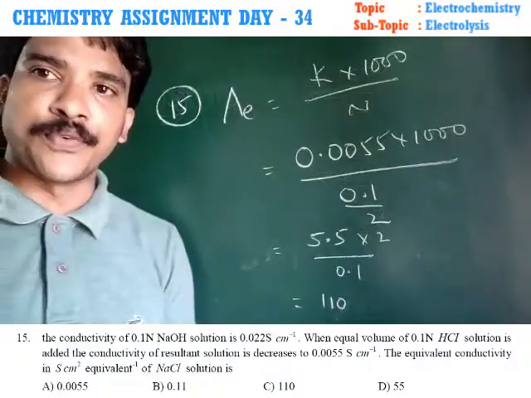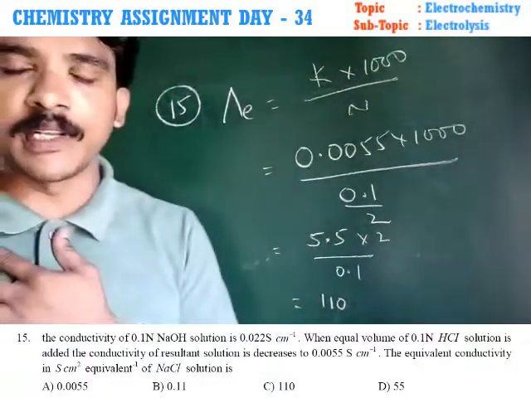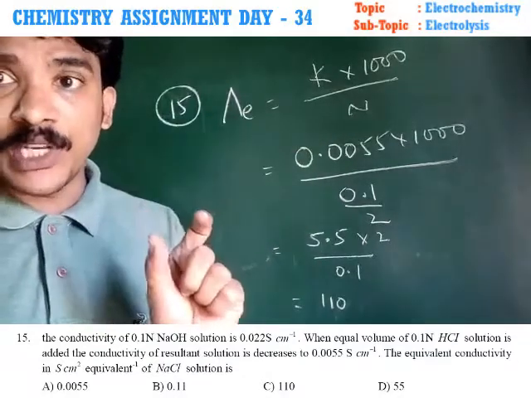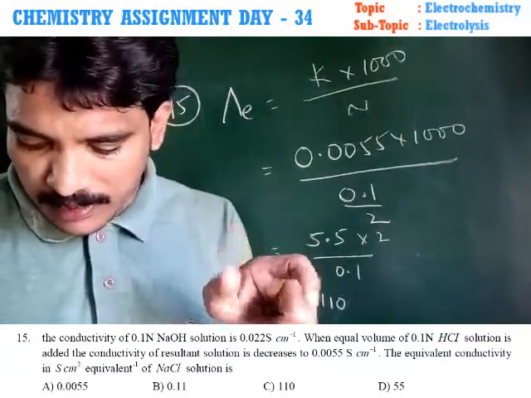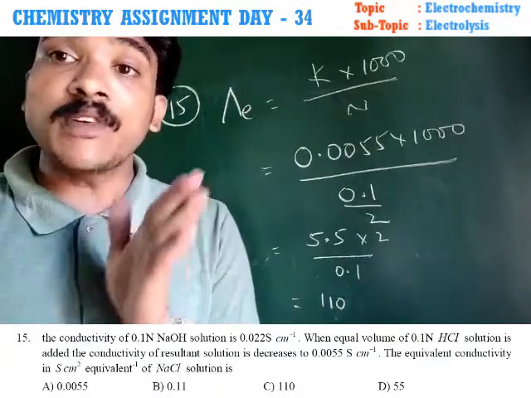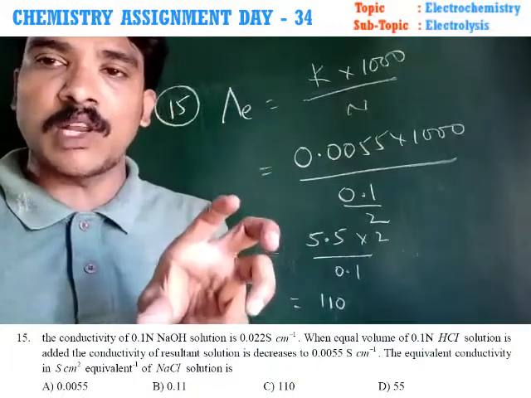Question number 15. 0.1 normal NaOH is combined with 0.1 normal HCl of equal volume.